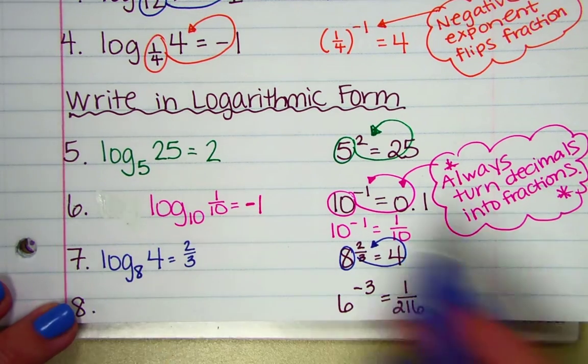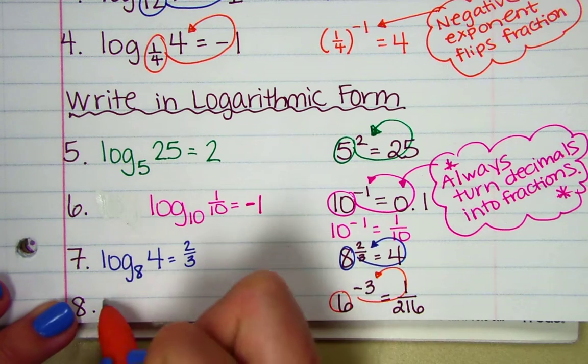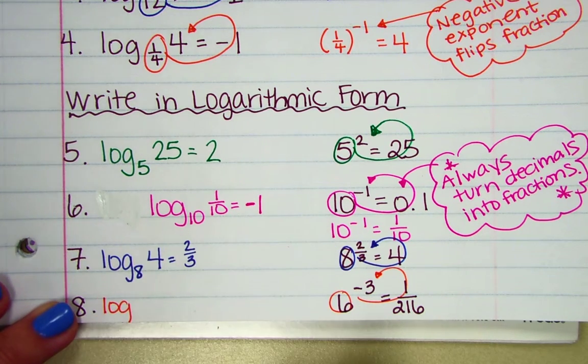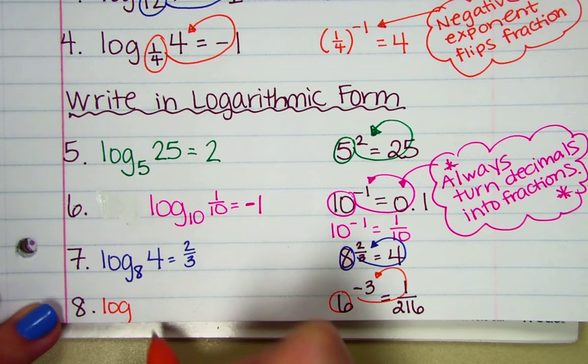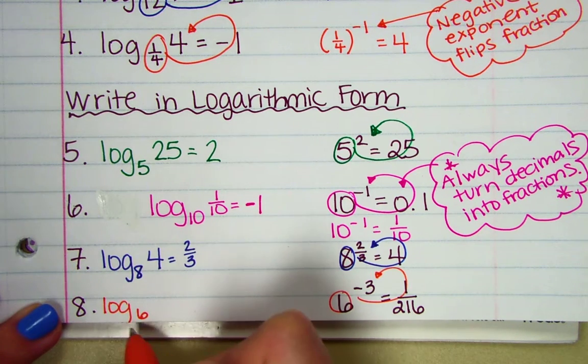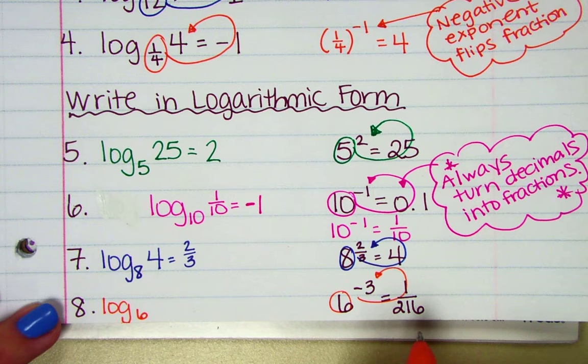So what are we going to write here? Log. What's our base? Log base 6 of, again, log base 6 of what? Does anyone else know the answer, or just one person?